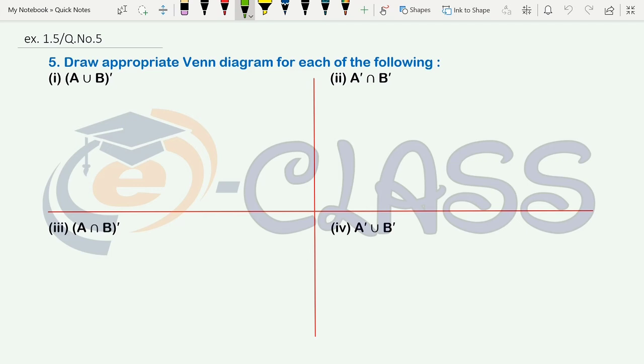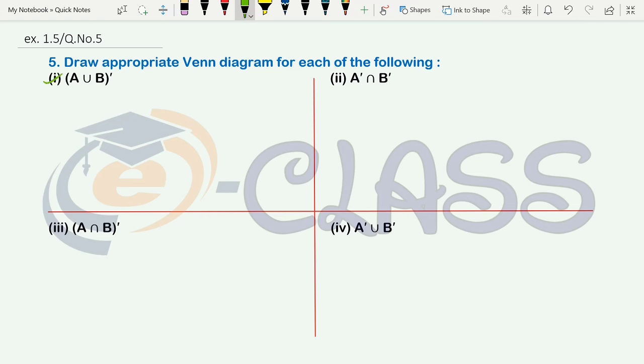So now we do this. Question number 1, that is A union B complement.